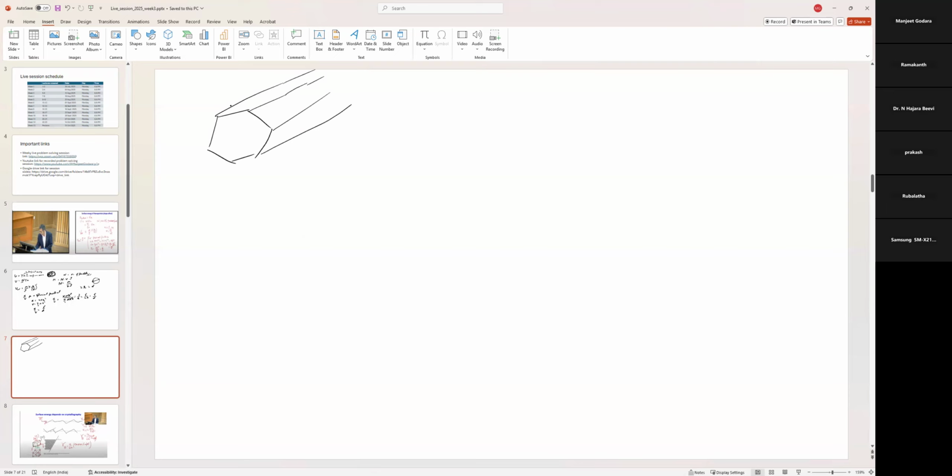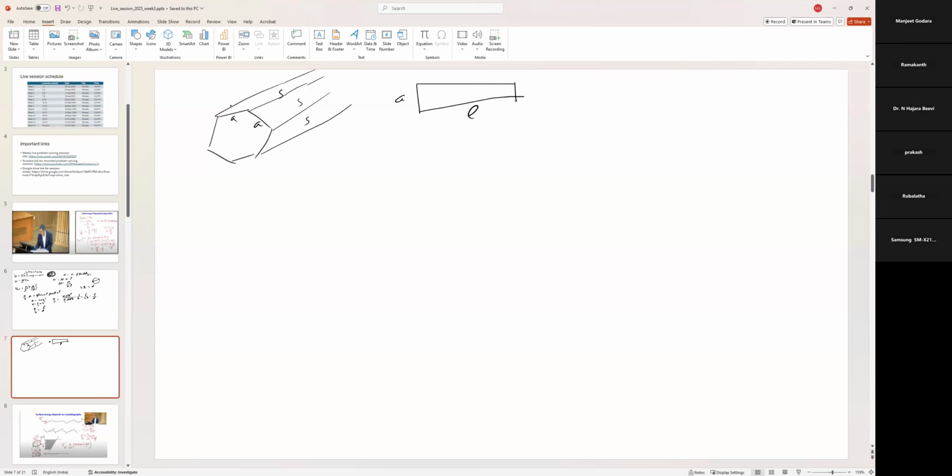Each face, if you see, I'm ignoring the end surface areas. So you just calculate the surface area of the side surfaces. Each is a rectangle, where A is the side length and this is L.